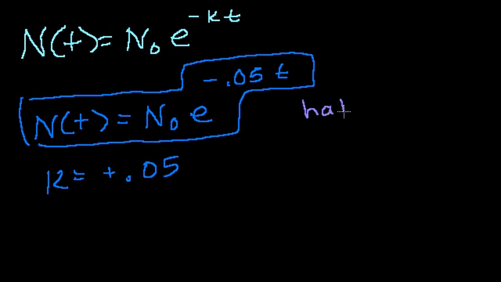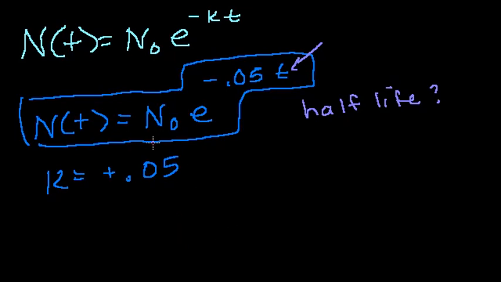What is the half-life? To figure that out, we need to figure out what t value we can put here so that if we start off with whatever value here, we end up with half of that value there. So we're starting off with n sub 0, just some initial starting point. Let's say we start with 100, just to keep things less abstract.